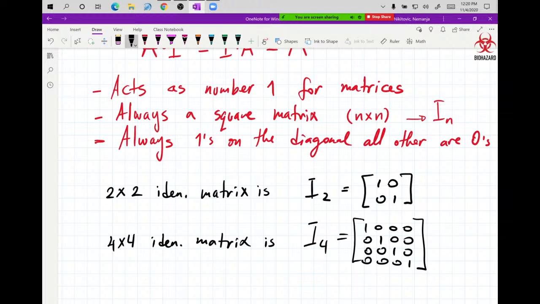In some proofs in linear algebra here and there it might pop up, but you are never going to look for the inverse of the transpose of the identity matrix, because it's itself. All right.